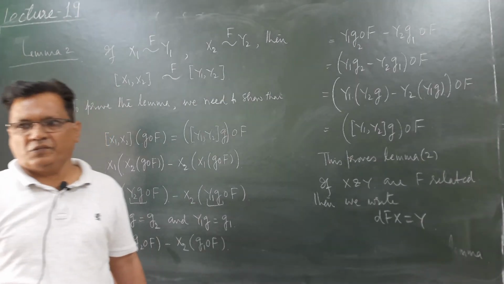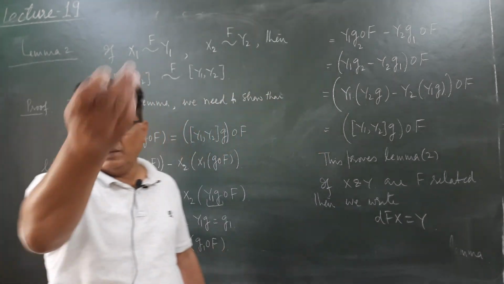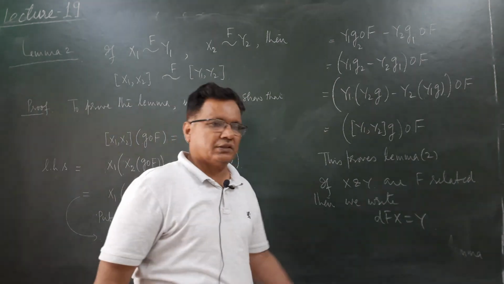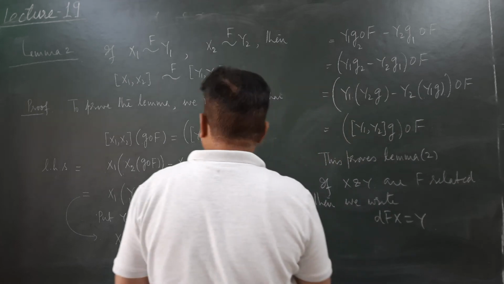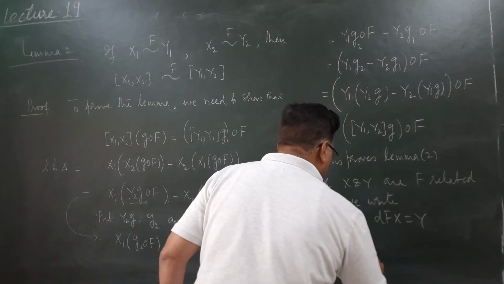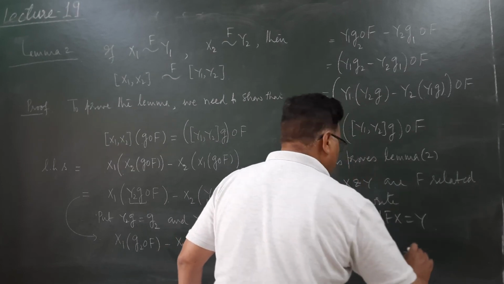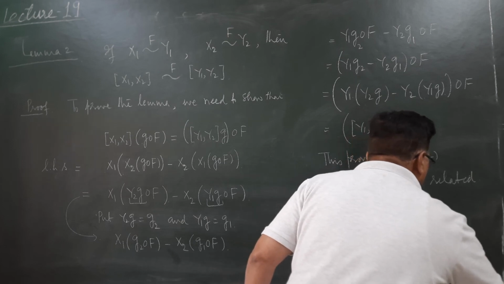This will not always happen, a y for every x need not exist, but if it is found, this is the situation. With this understanding in mind, the last lemma will be written as df of x1 x2 is equal to df of x1 and df of x2.